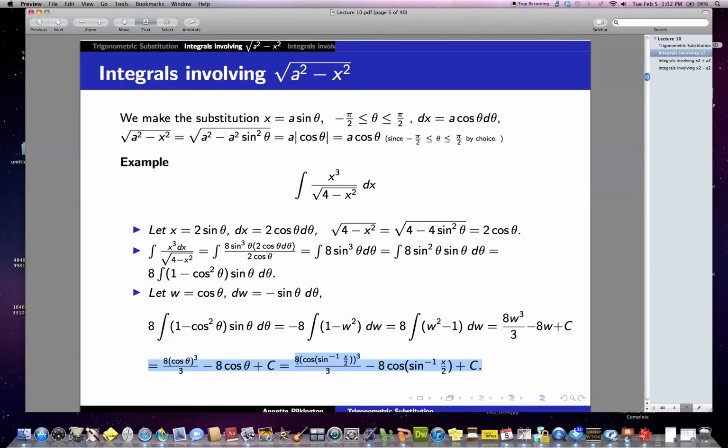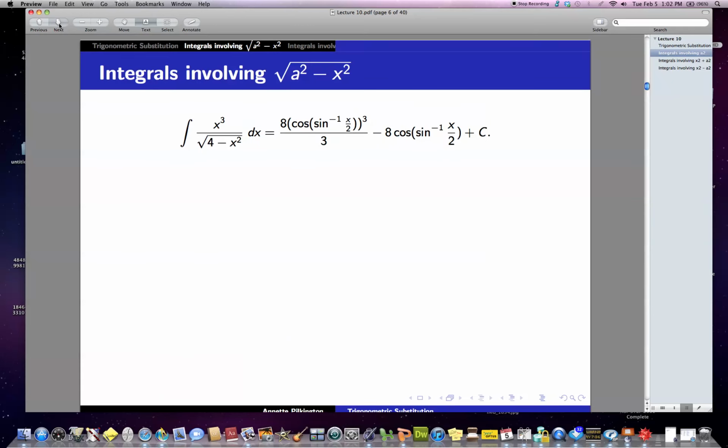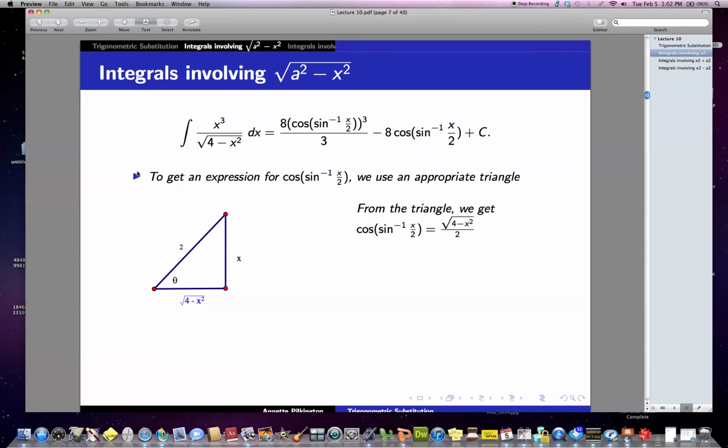Now, I would rather that solution didn't have trig functions in it, and remember when we studied inverse trig functions, we figured out how to convert an expression like this to an expression in x by using a triangle. So to get an expression for cosine sine inverse x over 2, I create a right angle triangle with an angle theta, which is sine inverse x over 2.